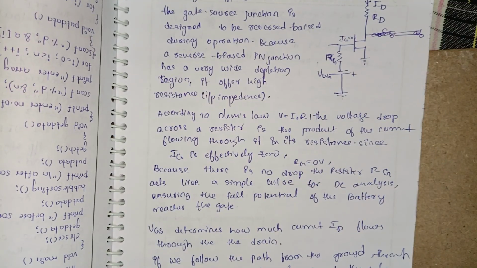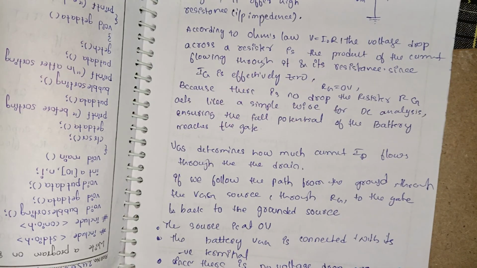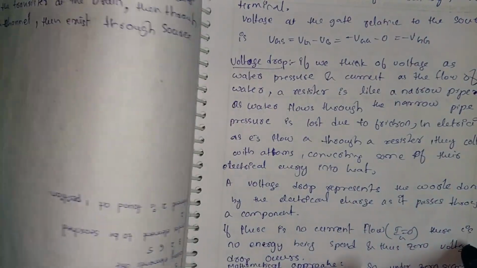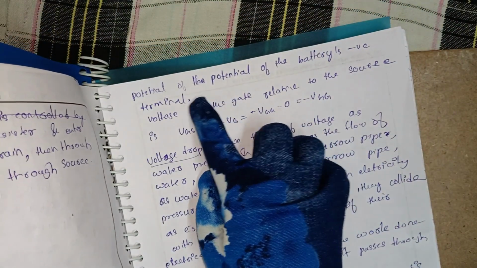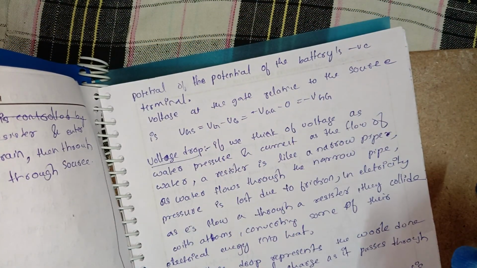Since there is no voltage drop across RG, the gate terminal sits exactly at the potential of the battery's negative terminal.